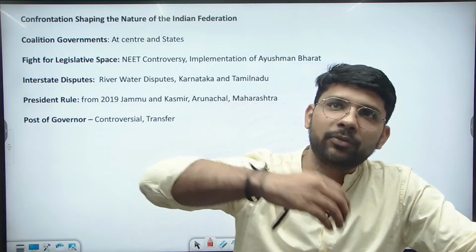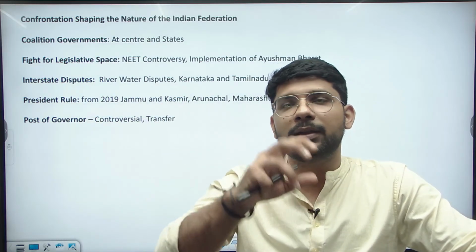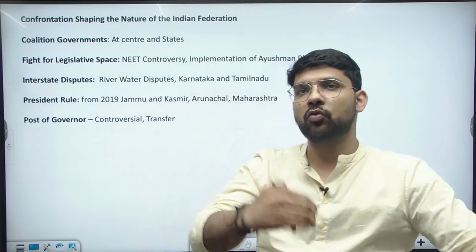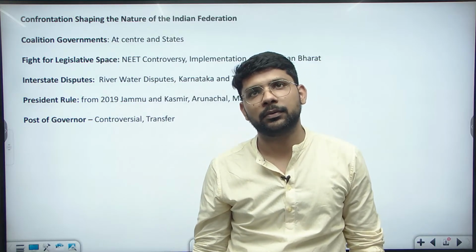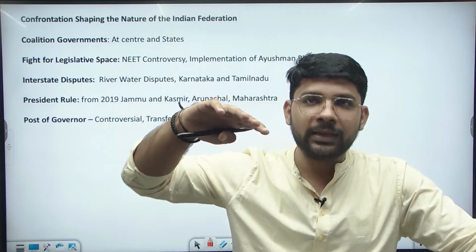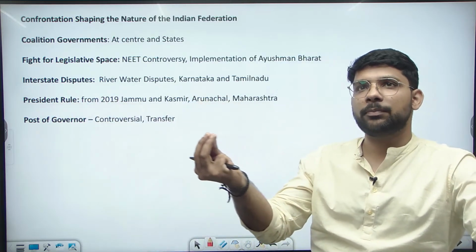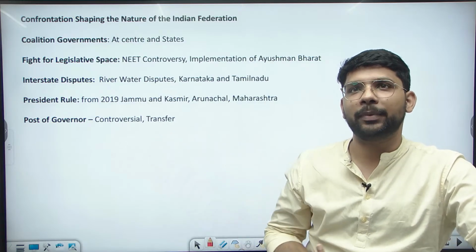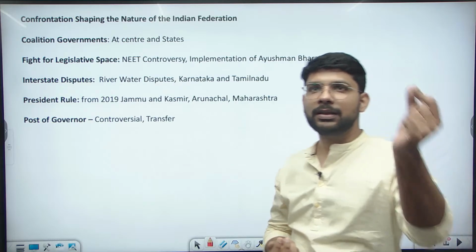The confrontation between the center and the states also relates to the governor's post. The role of the governor is always controversial. When a new government comes to power, they transfer the governors. There is also a confrontation there. The latest example, if you are reading the newspaper continuously: the day before yesterday, the governor dismissed a minister from the Tamil Nadu government. So the post of governor is also controversial.